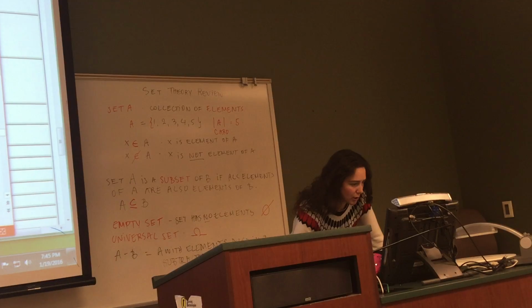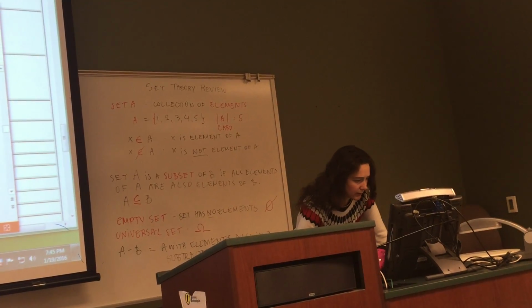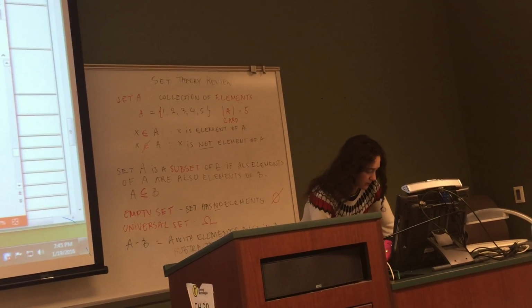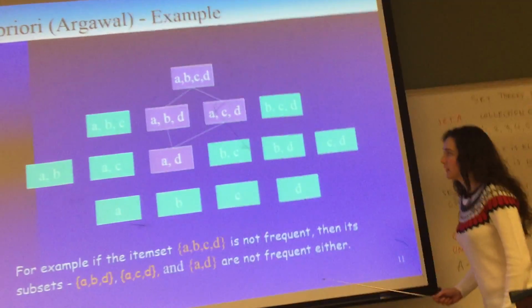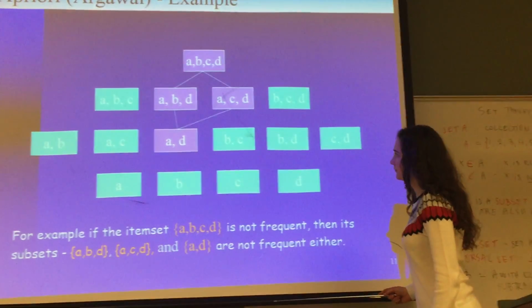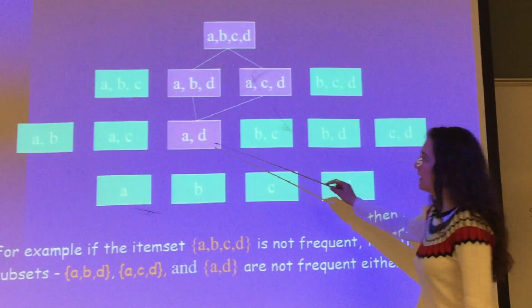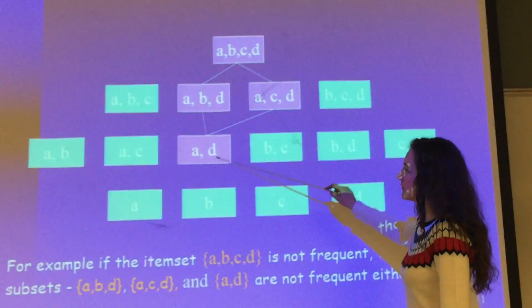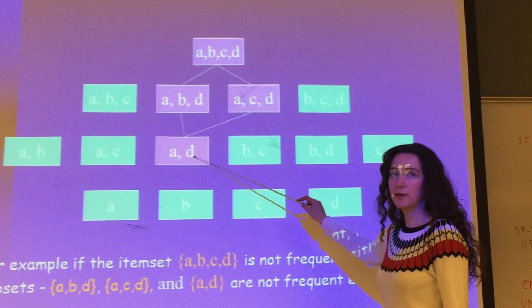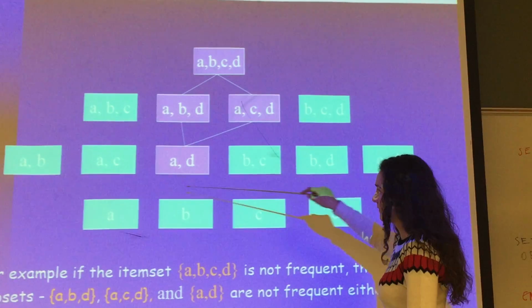I would like to show very quickly. If some item set is not frequent, it will be removed. Let's say this one is not frequent. Its support is less than 3. We remove it.